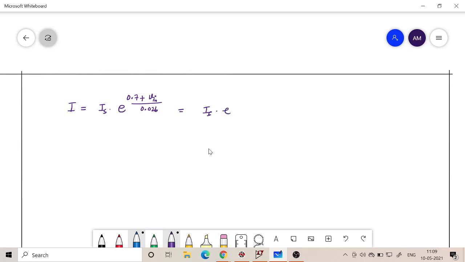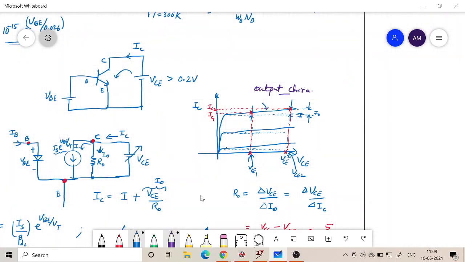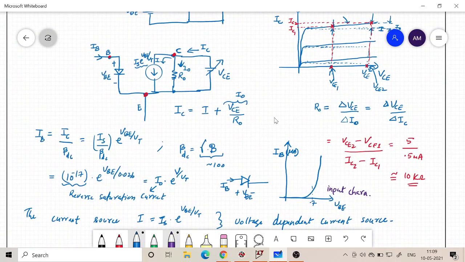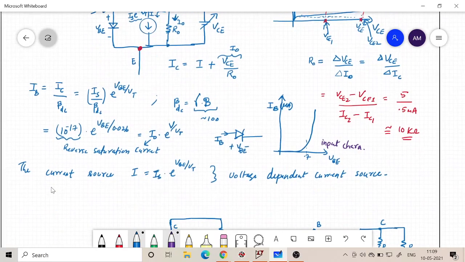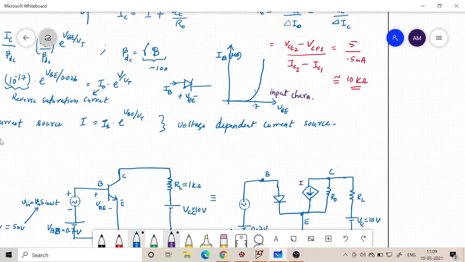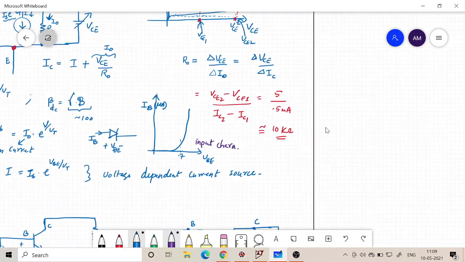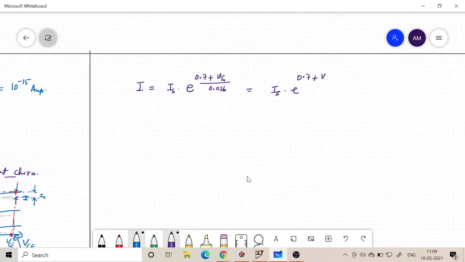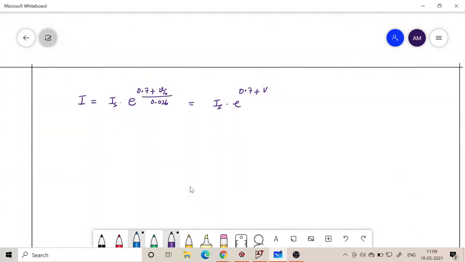I can substitute for Vin. The constant I have taken as Vm, the peak, so Vm sine omega t divided by 0.026.